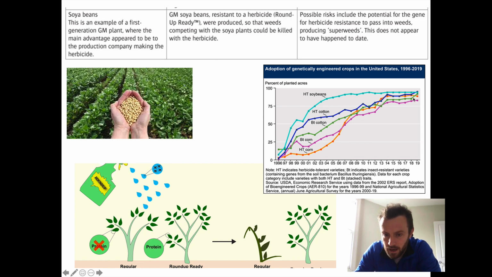And we're getting up into the 80s and 90s for all these things. BT cotton, the one we looked at in the previous slide, BT corn, another Bacillus thuringiensis toxin in corn as well. And HT in this graph represents herbicide tolerance, so like Roundup Ready. Okay, so that's modifying crops.